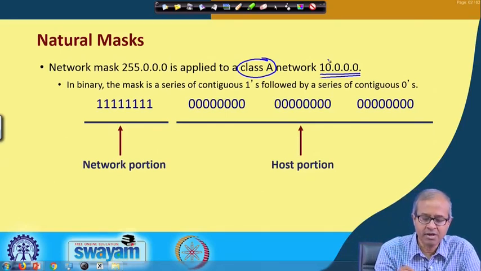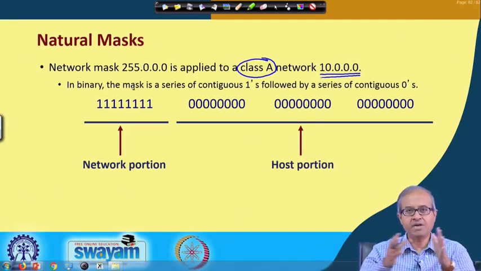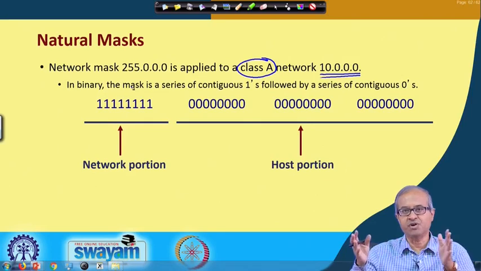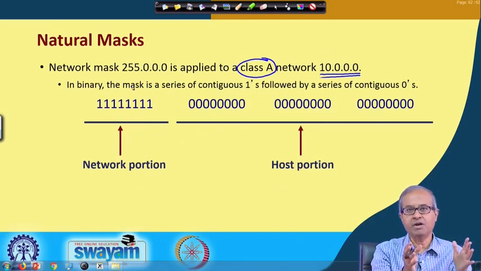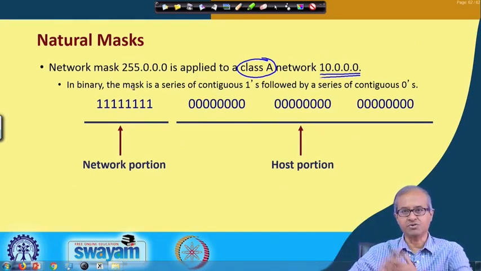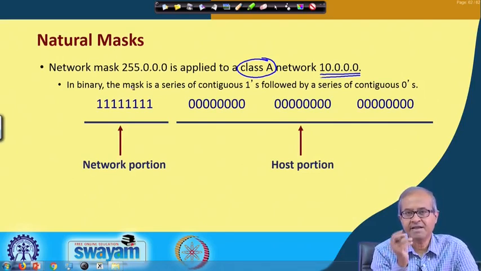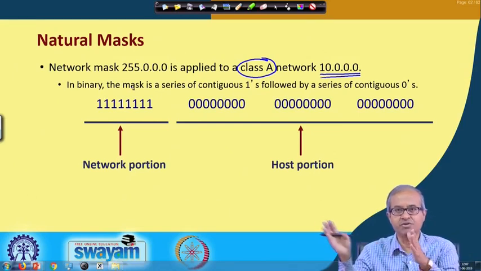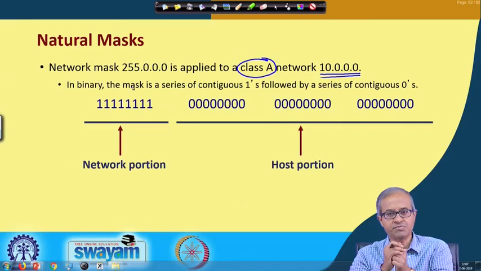What I do is define something called a mask. A mask is a stream of zeros and ones, not an arbitrary stream. The first few bits will be 1 followed by all zeros. Ones indicate that these are bits corresponding to the network, zeros indicate that these are bits corresponding to the host.